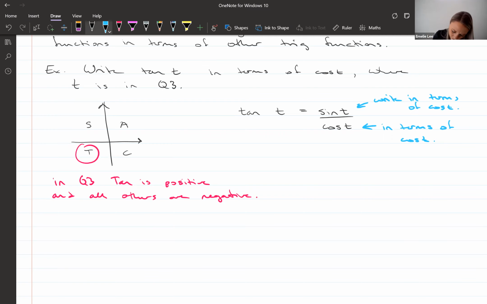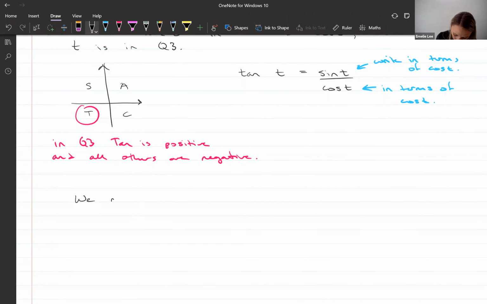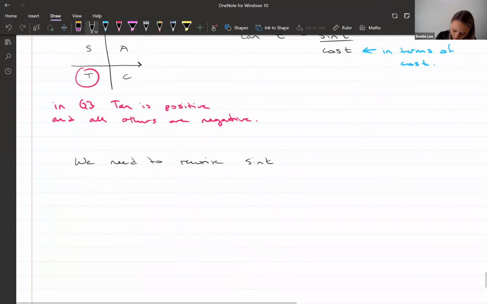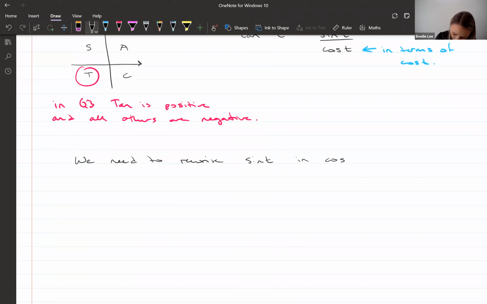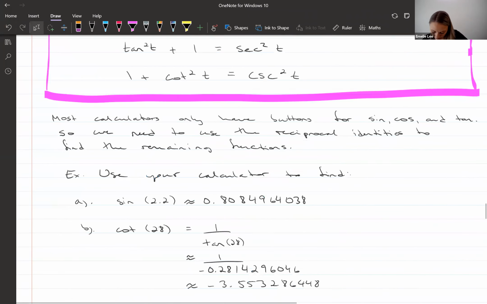So we need to rewrite sine t in terms of cos t. Well, we can look at some of these identities that we have.